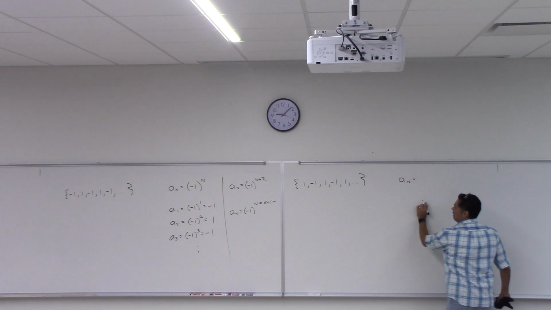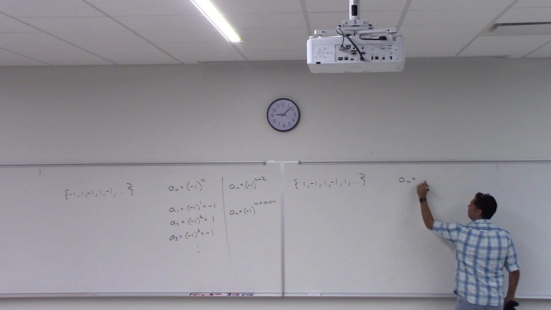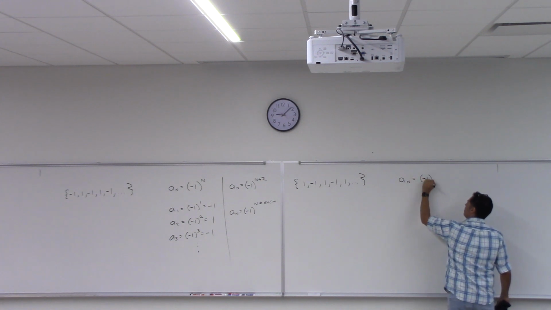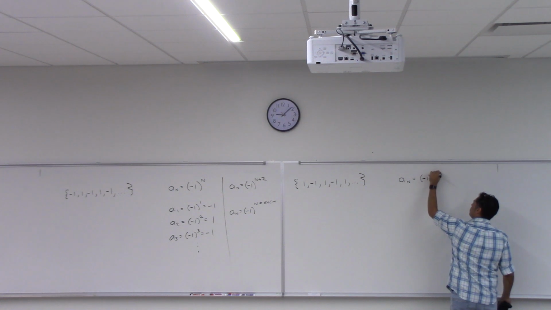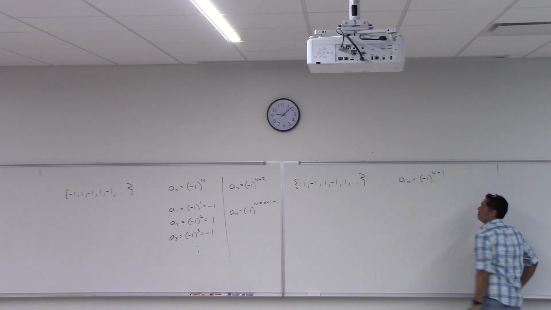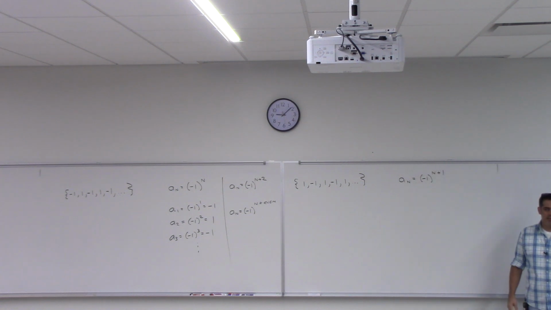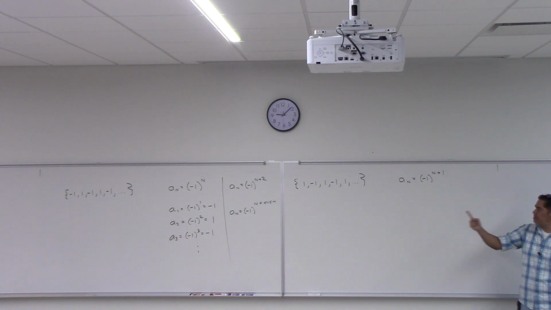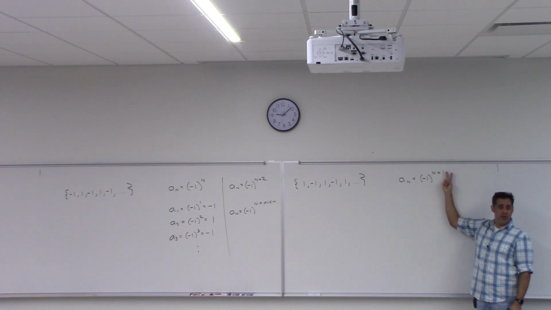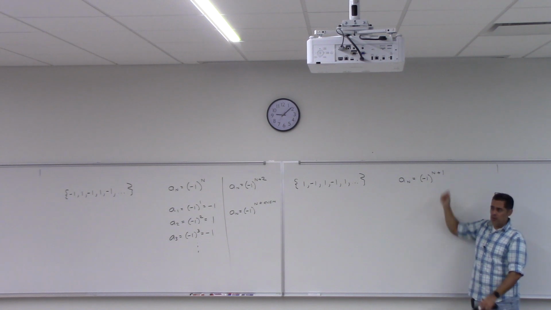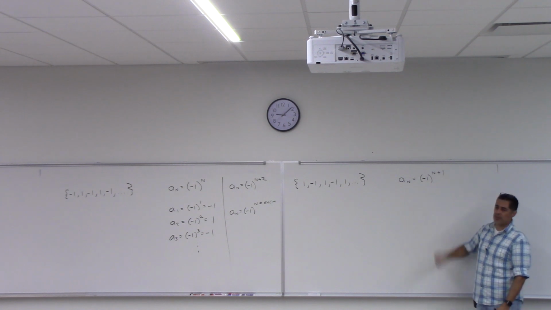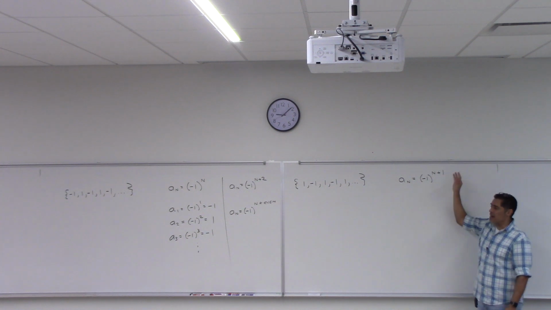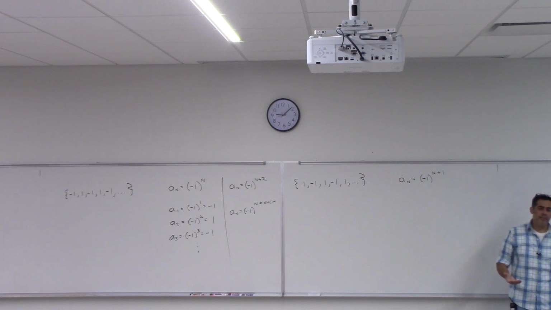Let's just start with the basic one. How about n plus 1? What happens when I plug 1 into this? I get 2, right? -1 squared, +1. What happens when I plug 2 into this? I get 3. -1 cubed, -1.